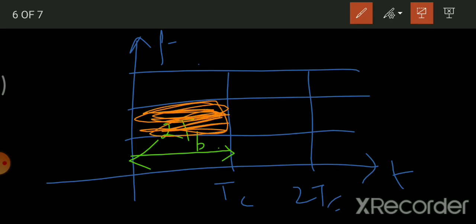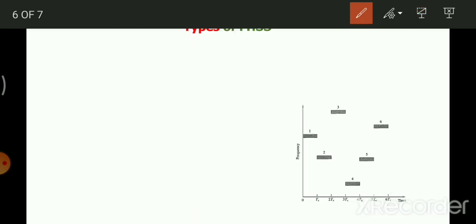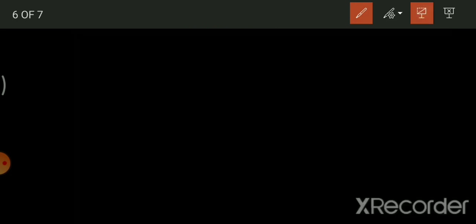So the change in carrier frequency is happening rather slowly.